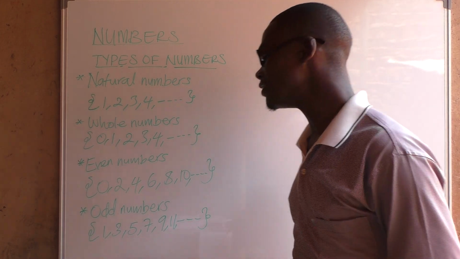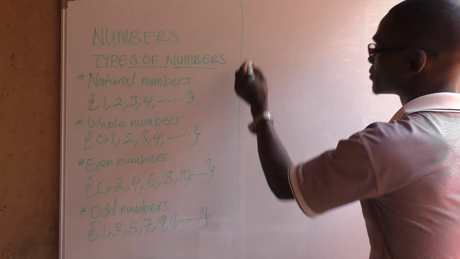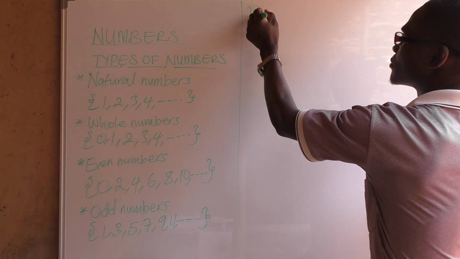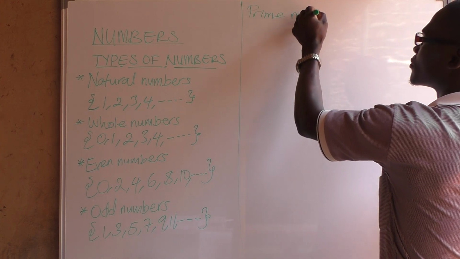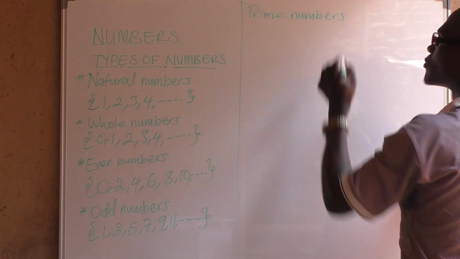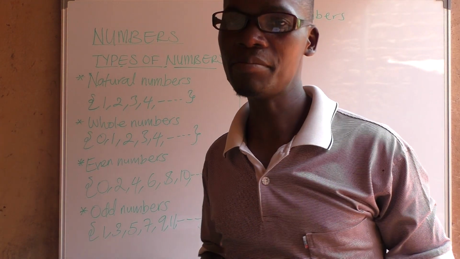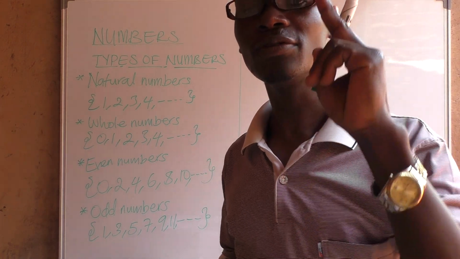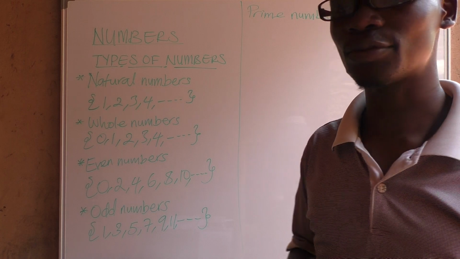We also have prime numbers. Prime numbers are numbers with only 2 factors, that is to say 1 and itself.